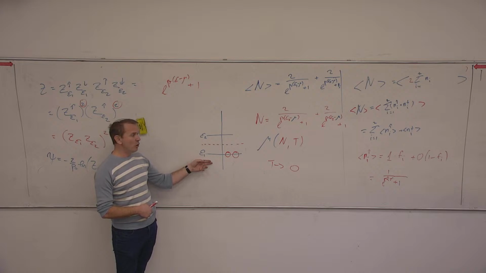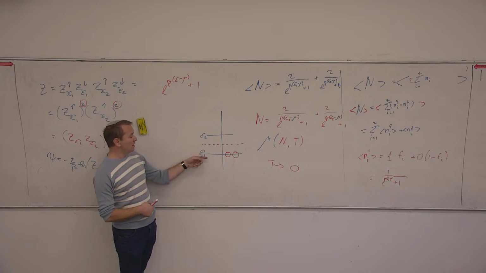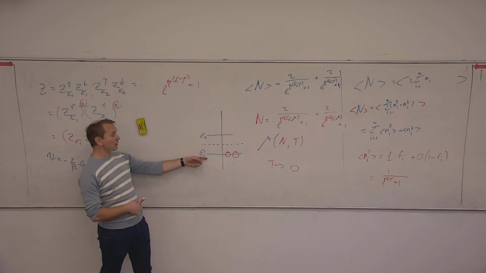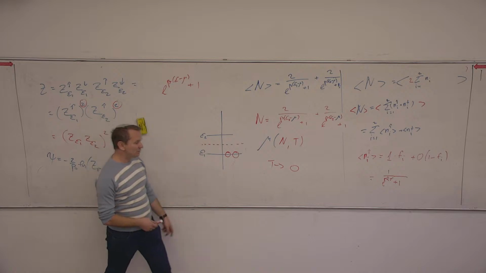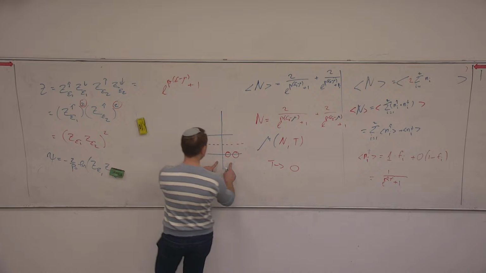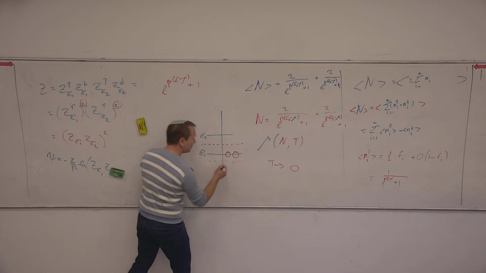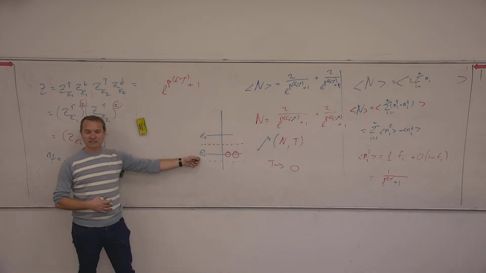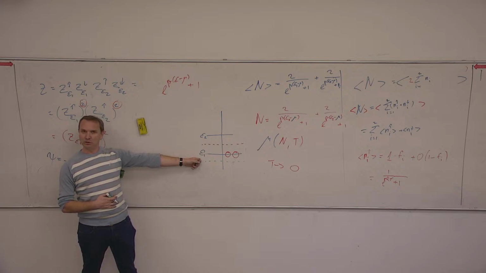Now, if they're occupying the lowest level, the Fermi level has to be at epsilon equals epsilon 1, or above epsilon 1. Because if we put the Fermi level below epsilon 1, somewhere over here, this means we cannot occupy epsilon 1.